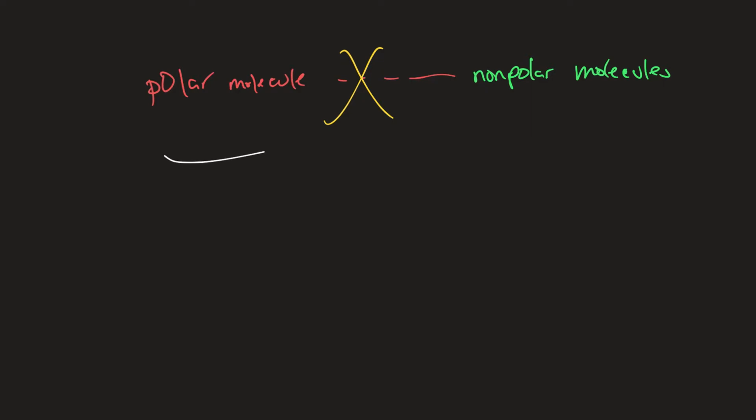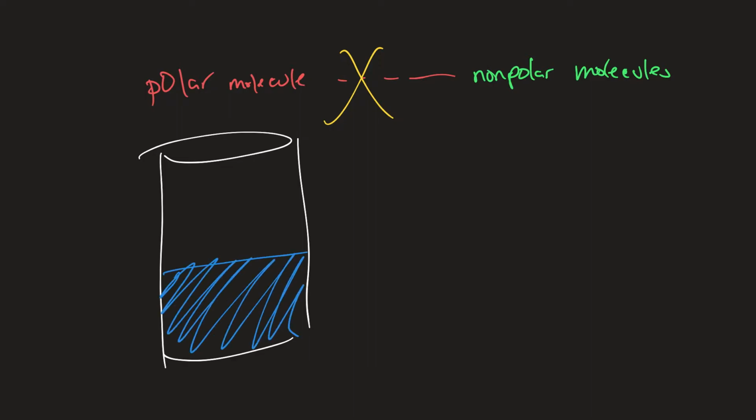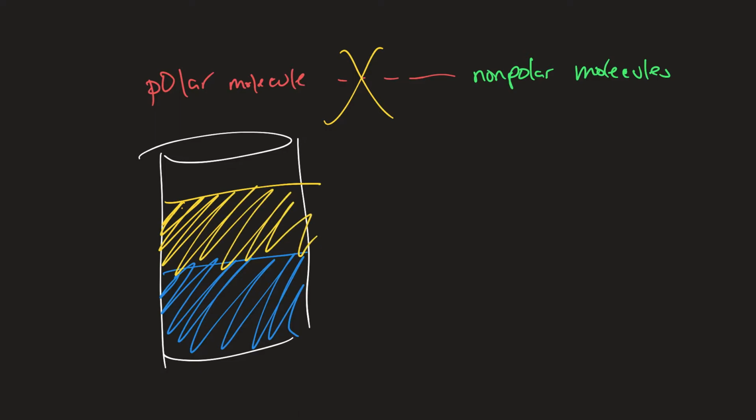For example, if you take a cup and fill it with water and then put oil on top of it, you'll notice that they always stay separated. The water is on the bottom, the oil is on top. Especially if you put the oil in first and then put the water in afterwards, you notice that the water just drops to the bottom and sticks to itself.